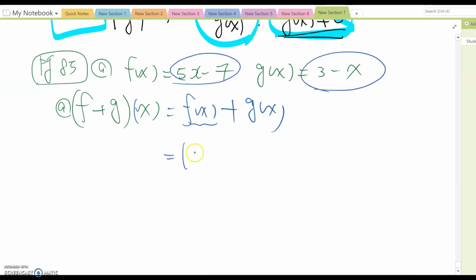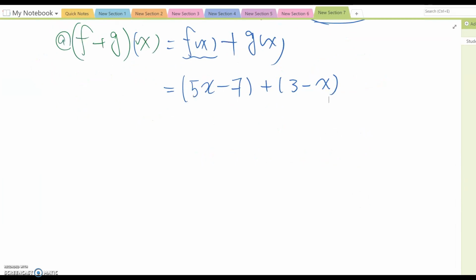Therefore this becomes (5x minus 7) plus (3 minus x). You may notice that I put them into parentheses like that. The reason is when you switch from function form to expression form, you had better put it into parentheses, so later you won't make any sign mistake or calculation mistake.